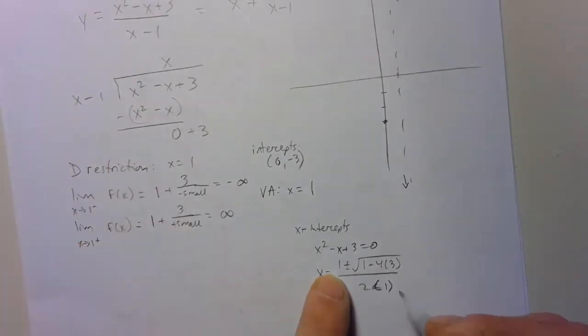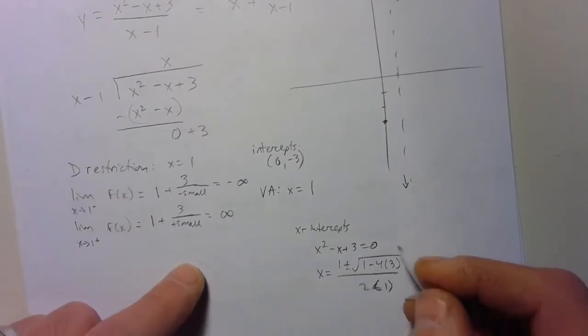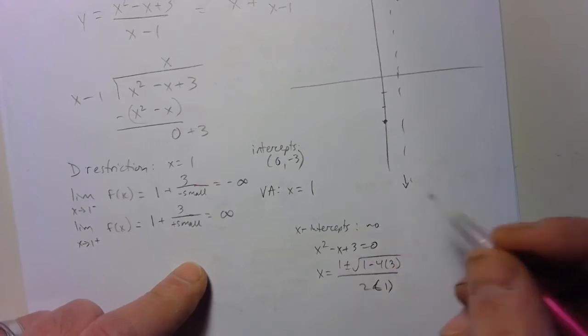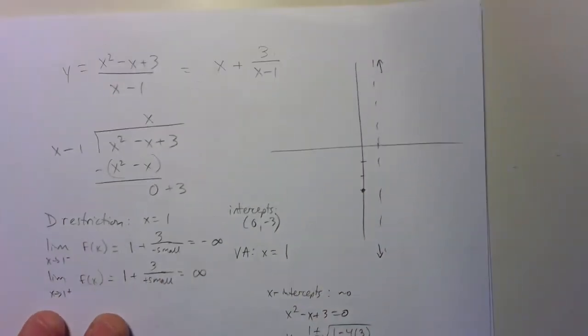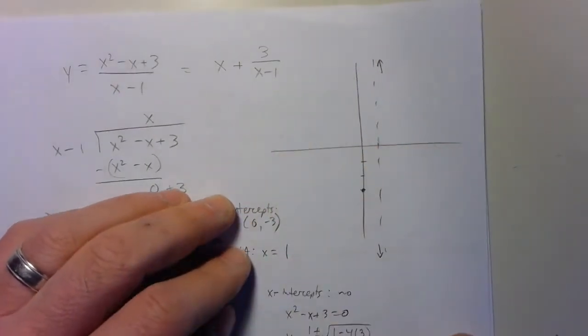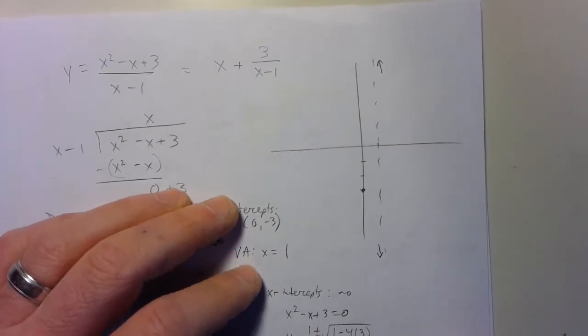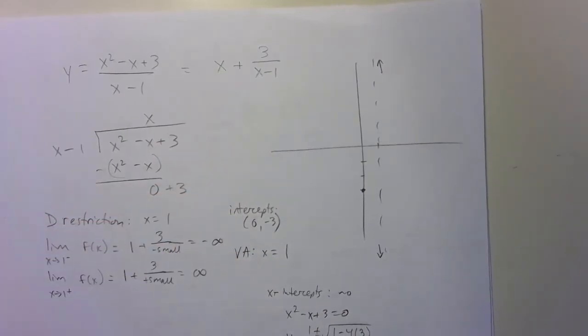Let me double check my work here. What have I learned? There's no x-intercepts. And that's great, because when you know there's no x-intercepts, that means this graph could not cross over the x-axis. That's going to tell us a whole lot about the graph and about where the correct position is going to be.